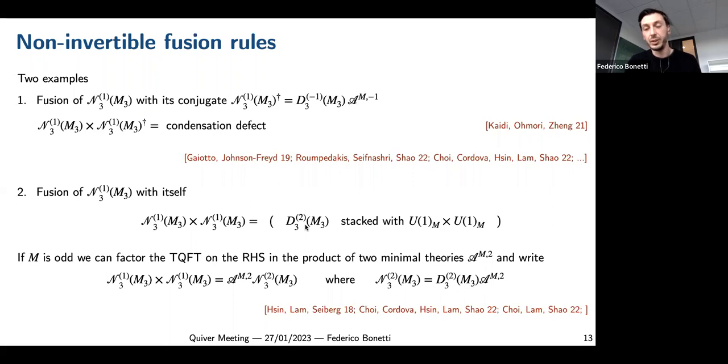But in order to have this factorization result, we need to be able to define the minimal theory, and that is known. People know how to do it when the two labels are coprime.